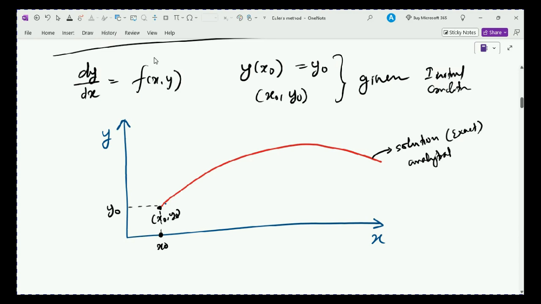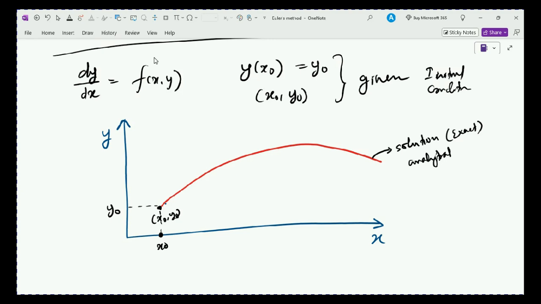Okay, so now what we need to find out numerically is, we know only this point. We know only the initial value and we know the differential equation, and we need to find out what is this numerically. So we don't know this solution, we don't know the red curve, and we are going to find out approximate solutions using Euler's method.